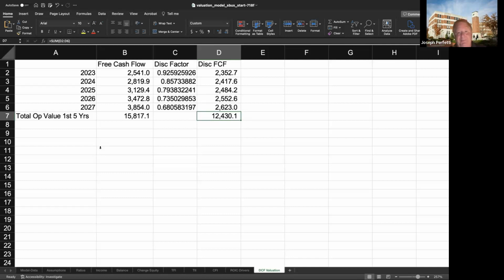The formula that we are going to use for continuing value, back to our lecture notes. Here's the lecture note. Close that Excel file or a PowerPoint file. The formula that we are going to use is this one.